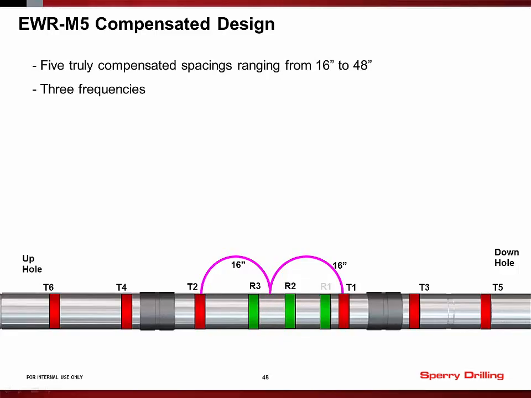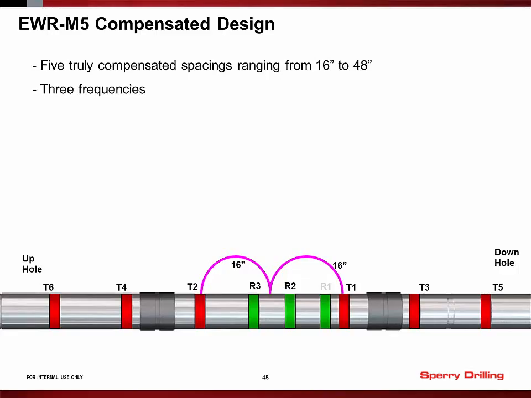In the Phase 4, as I said, we have to apply a fairly complicated temperature correction to compensate for drift in the receivers. In this case, any drift that we have in the receivers is automatically cancelled out by this compensated layout, so we don't have to worry about the temperature correction.